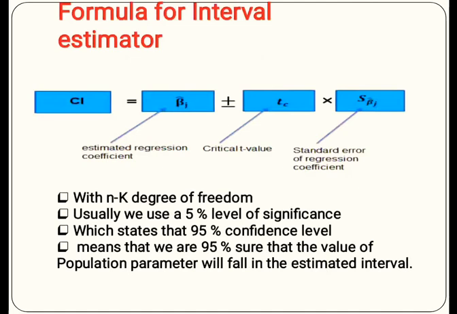Of course, the interval estimation is carried out on the basis of the beta i cap, the point estimator that we have estimated through ordinary least squares. On the basis of the point estimator, the standard error of the point estimator, and the critical values of t, we calculate the confidence interval.